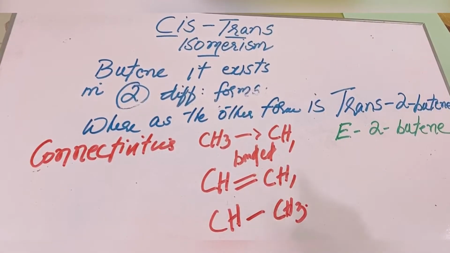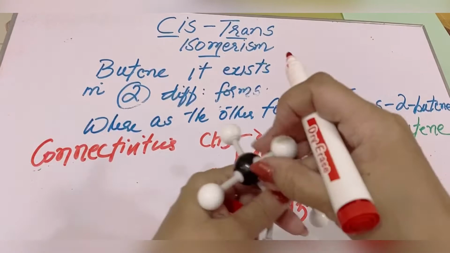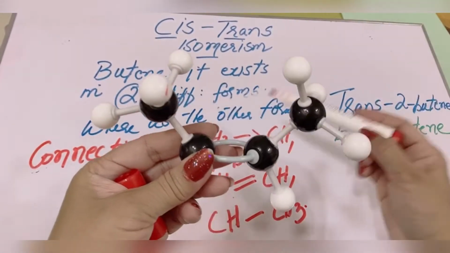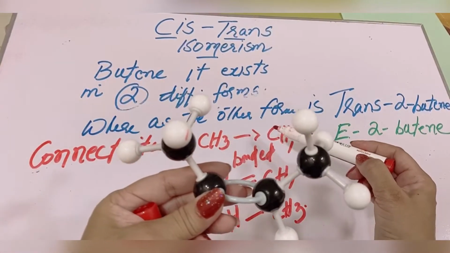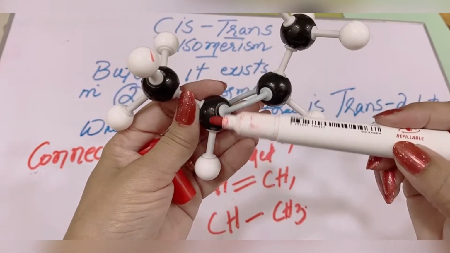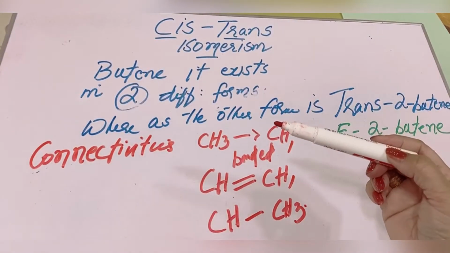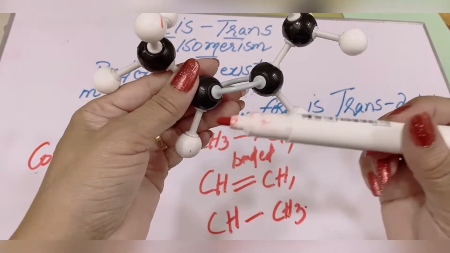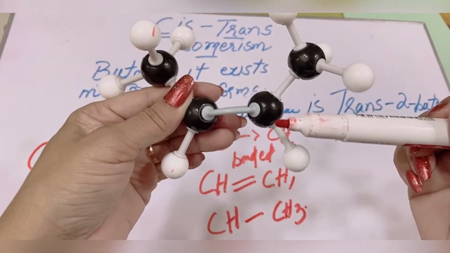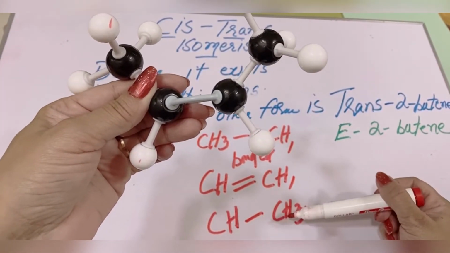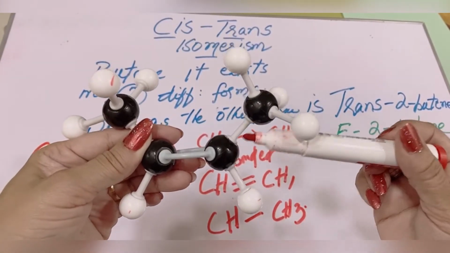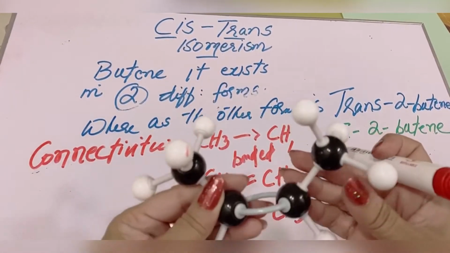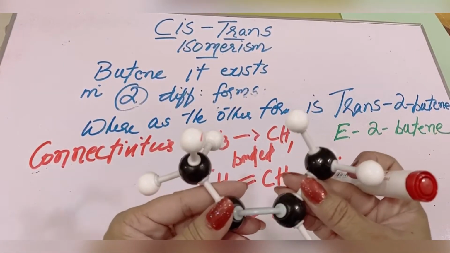We can look at it here easily. This CH3 is bonded to CH, CH is bonded to CH, and then this CH is doubly bonded to this CH, and then CH is bonded to CH3. Now this CH is again bonded to this CH3. Yes, correct, perfect. So we have seen the connectivities, how they are connected.